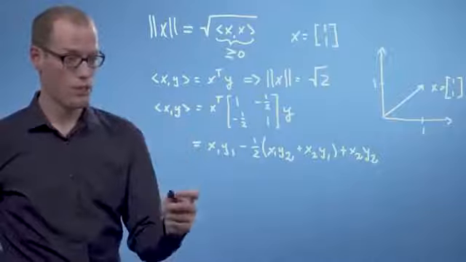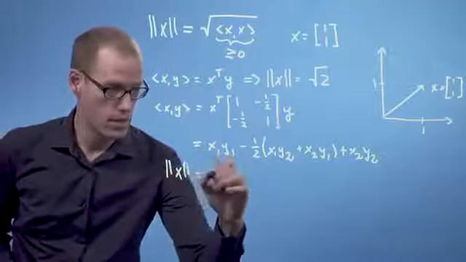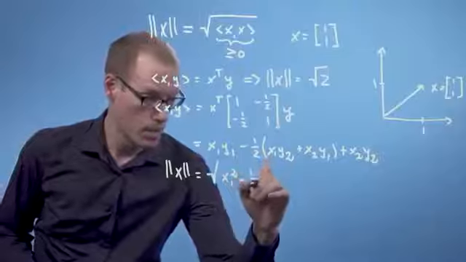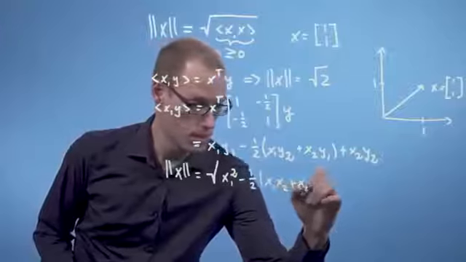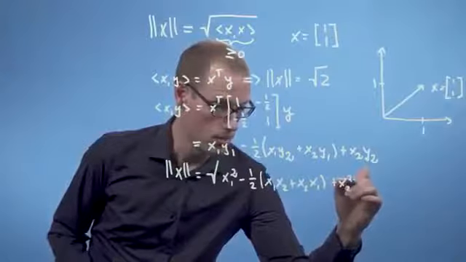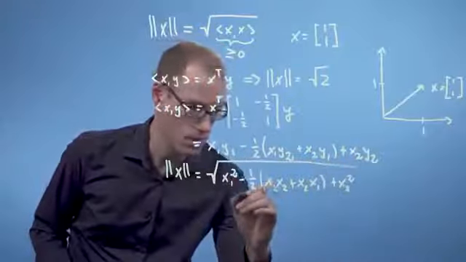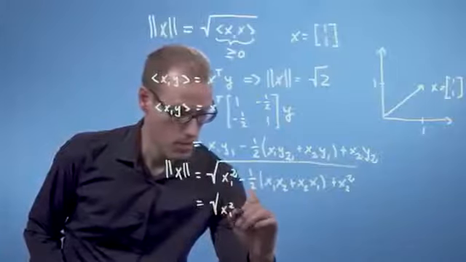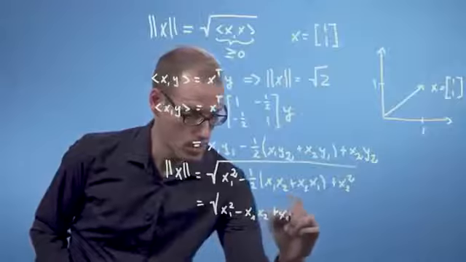Using the definition of this inner product, then the length of a vector is the square root of x1 squared minus a half x1 x2 plus x2 x1 plus x2 squared. And this is identical to the square root of x1 squared minus x1 x2 plus x2 squared.